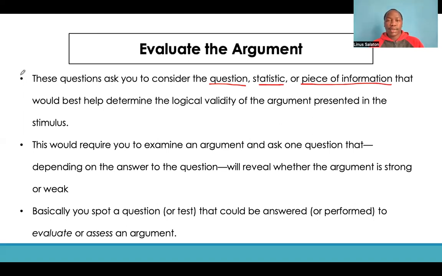So basically, evaluate the argument. Question types are a blend of strengthen question types and weaken question types. But in this scenario, you're given a number of choices that will best help you evaluate the strength of the argument presented in the stimulus, right? So basically, it's a question or test that could be answered to evaluate or assess an argument.